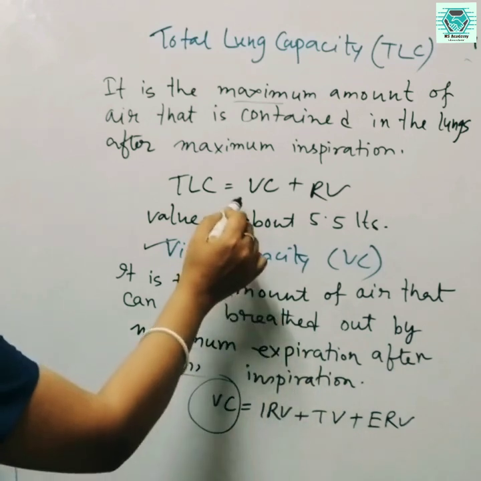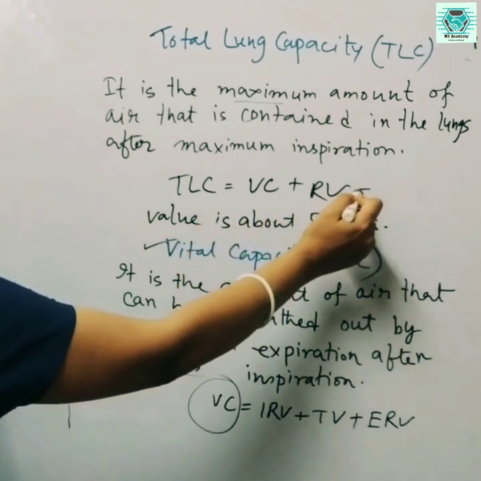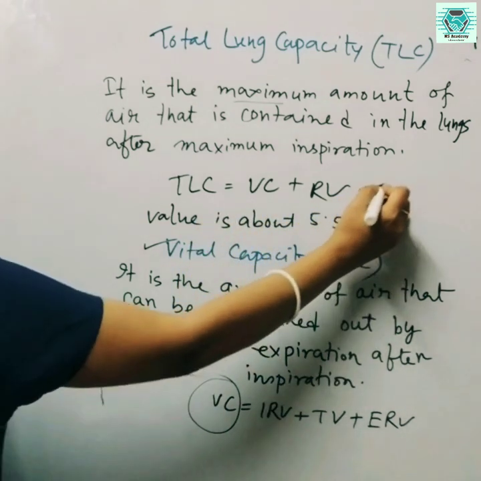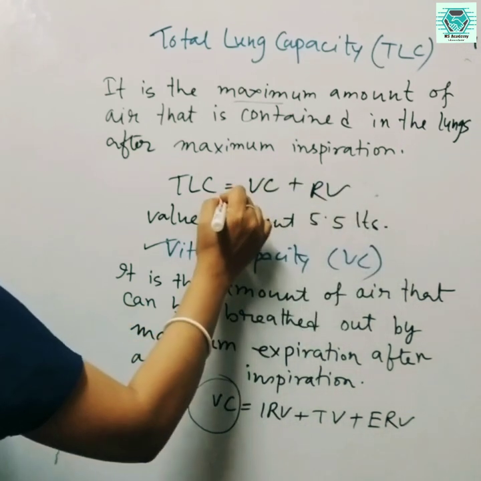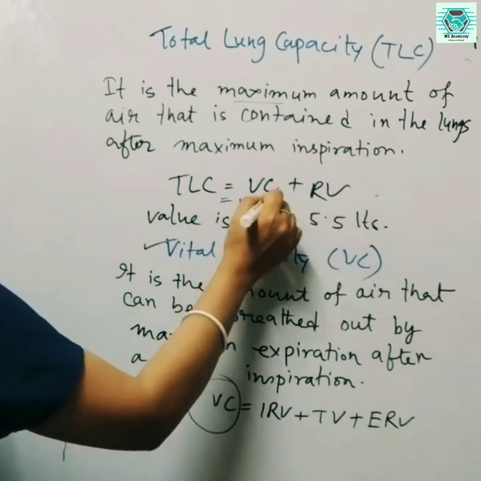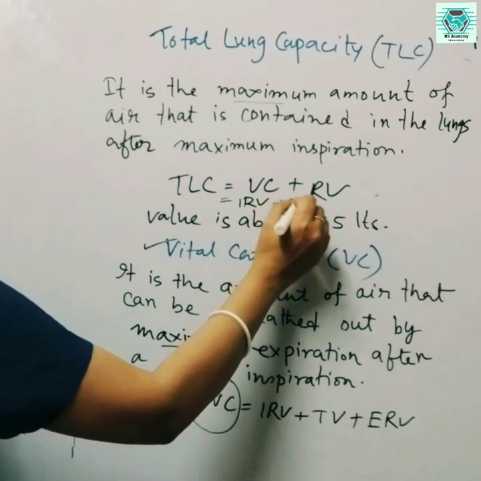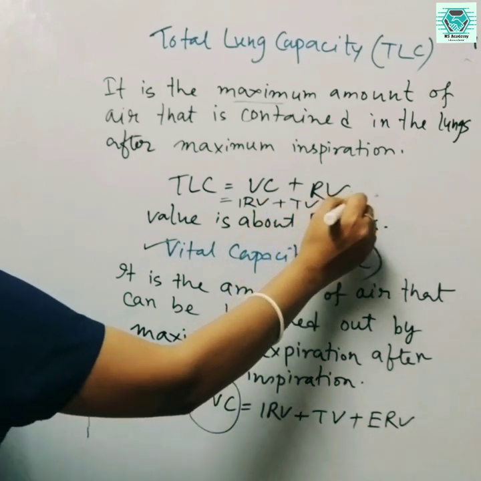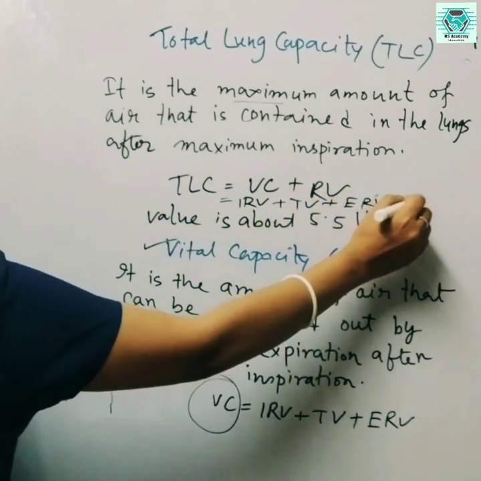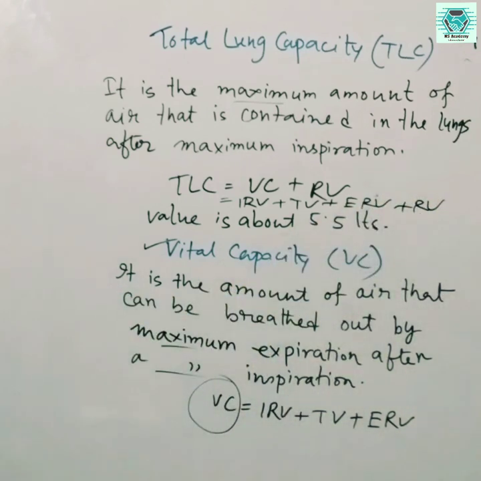If I write here, we can write that VC plus RV means IRV plus TV plus ERV plus RV. So what is the amount? The amount is about 4.6 liters.